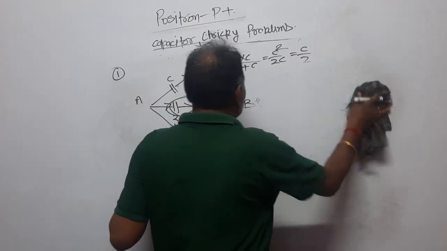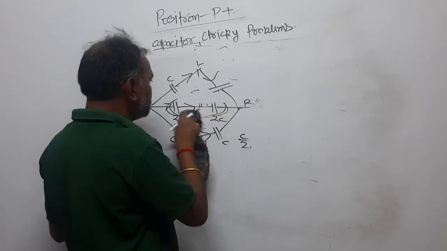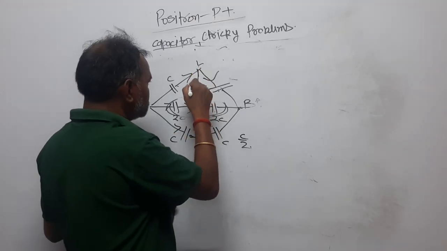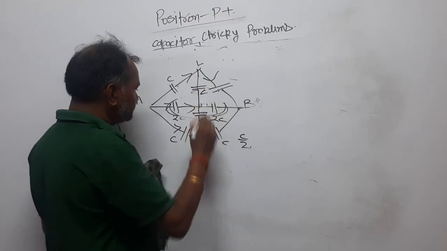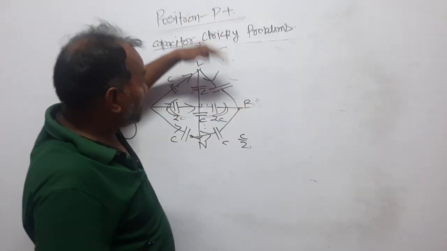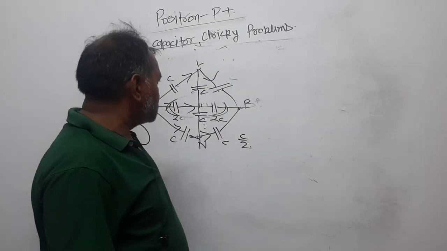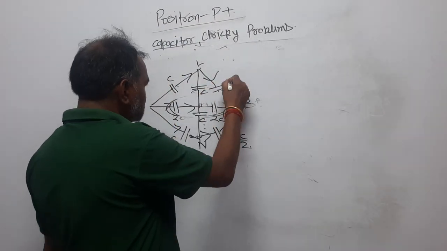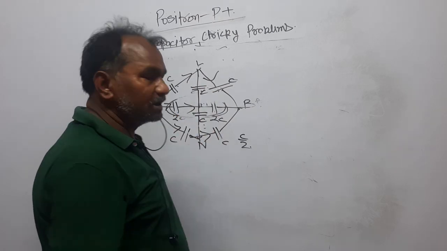Now look here. The same question, again I am redrawing this circuit and trying to solve it with another method. If you look below AB and above AB, the circuit is exactly the same. This is C, this is C, C, this is 2C, 2C, C, C, C, like this.